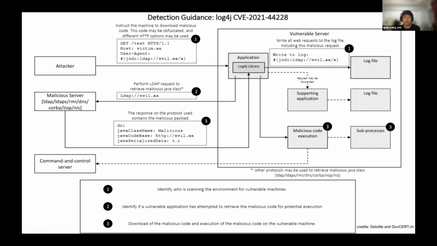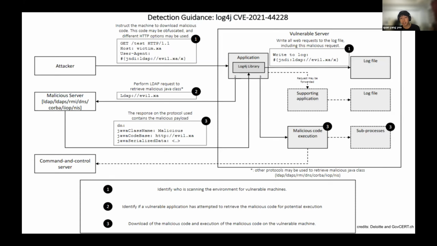So then that vulnerable server makes an LDAP request to that host that you provide to it, and the malicious server can provide a response to the request that then causes the vulnerable server to fetch a malicious Java class.